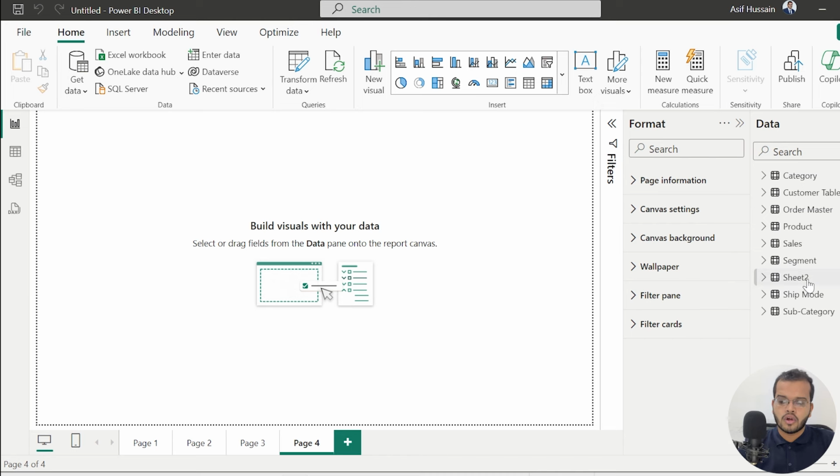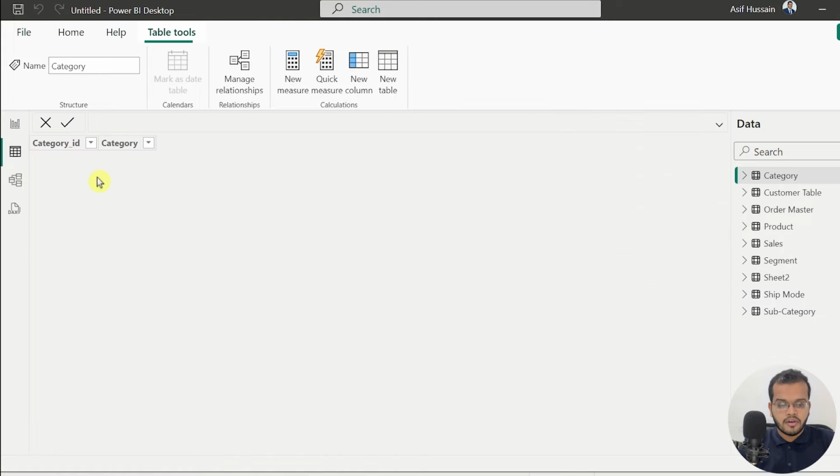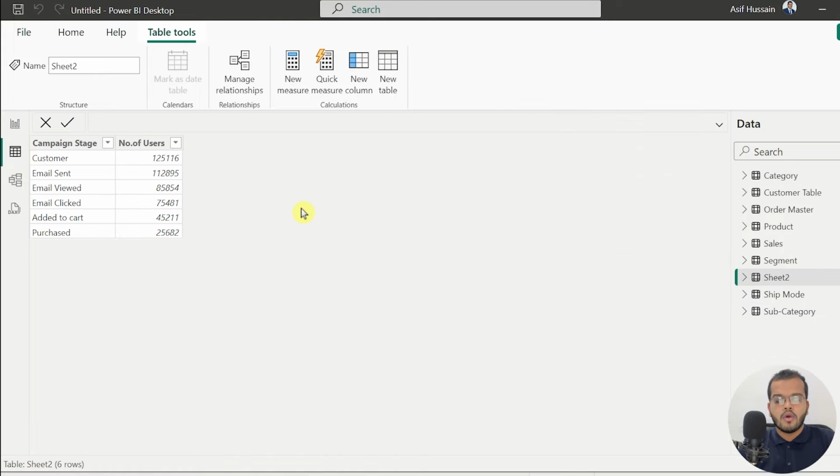For this, let me show you a simple example for a funnel chart. So I have data which is completely related to a campaign. What kind of campaign? Let me take it as an email campaign. What is meant by an email campaign? We get multiple advertisements about products and so on in our WhatsApp, Facebook, Instagram, Twitter, and many other social media platforms.